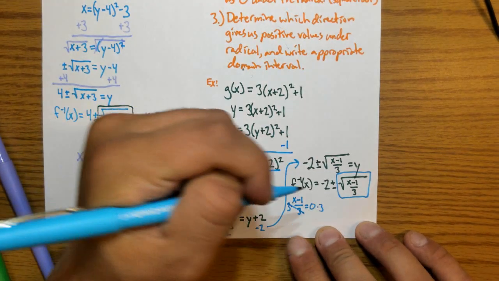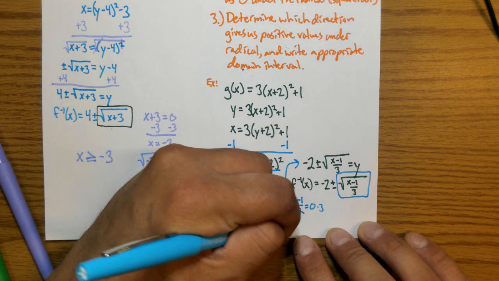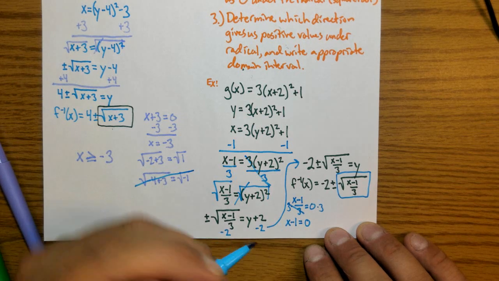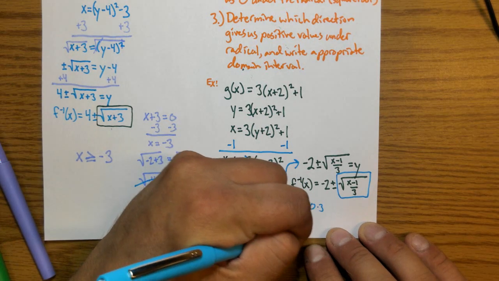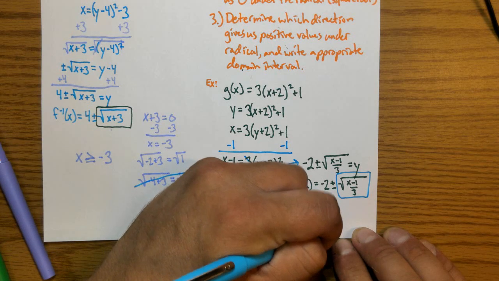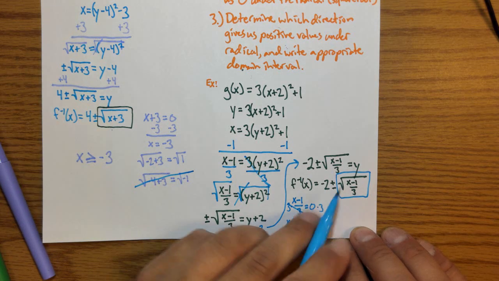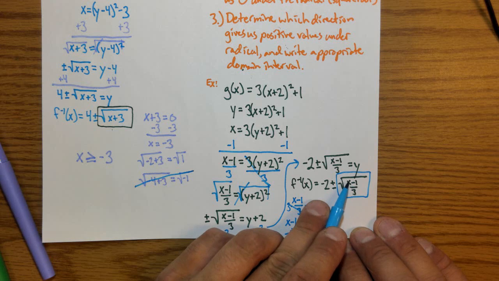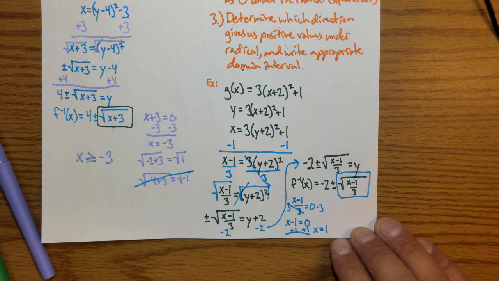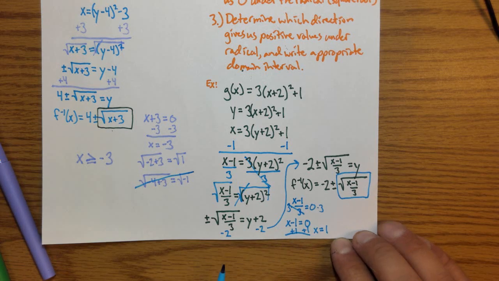This will cancel, so x minus 1 equals 0, and then plus 1. I don't know what I was thinking with 4. Of course, it's 1. I was thinking of a 3 there. If I plug in 1, 1 minus 1 equals 0, and 0 over 3 is 0. So I can plug in 1, and that will give me 0 under the square root.